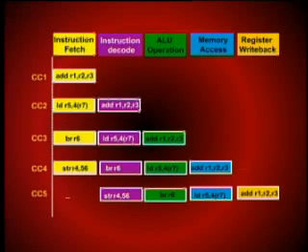So if you go through the sequence, exactly the same information which was given in the previous figures is indicated in an alternate way, and movement of the instructions from one stage to the other are indicated.